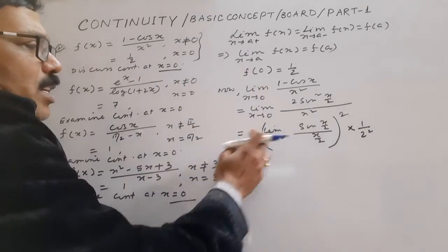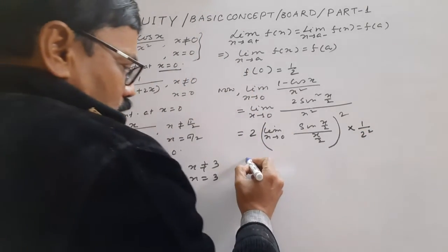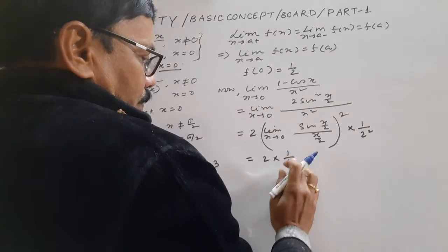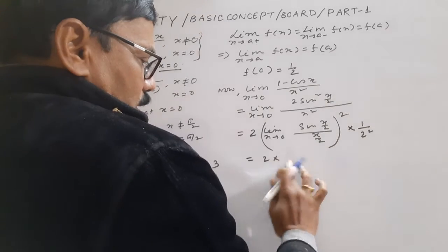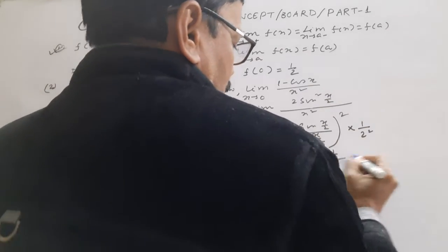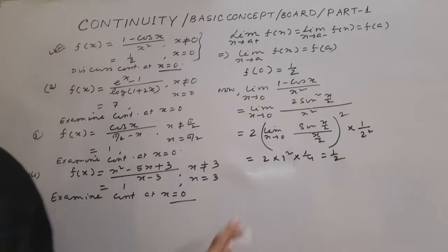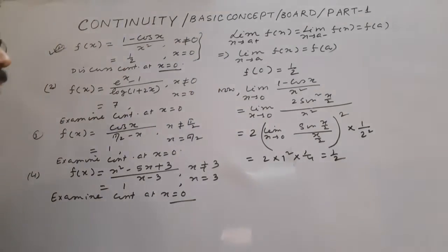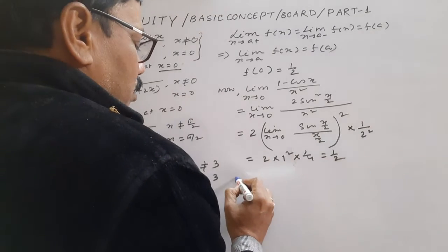So this is a basic problem of limit. So 2 into 1 by 4, this is 1. 2 into 1 square into 1 by 4. So this is half. So what is the limiting value? Limiting value is half.